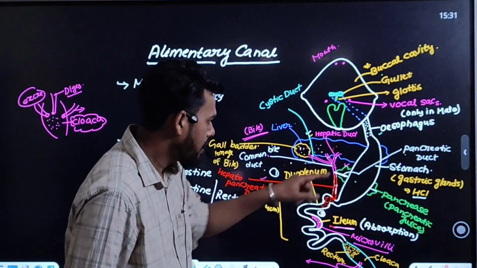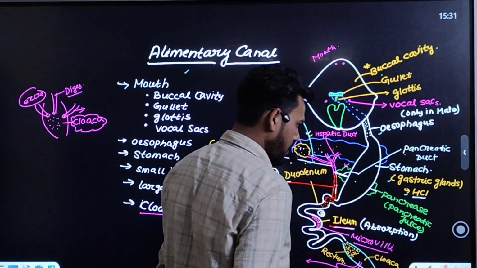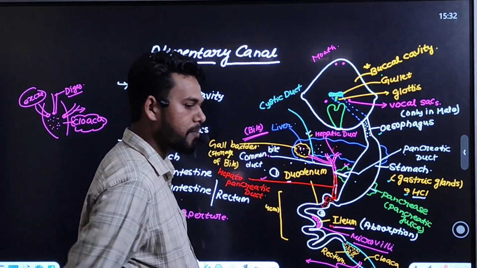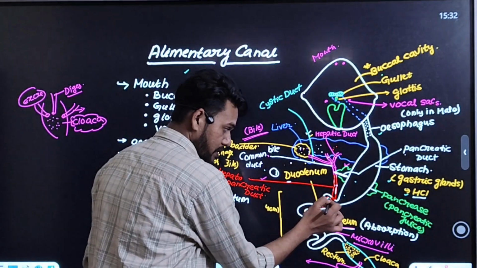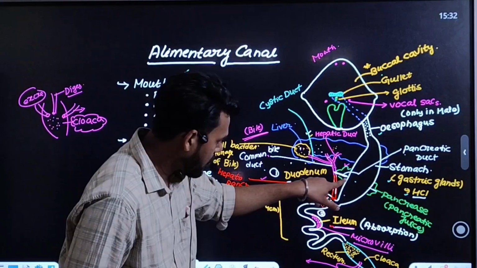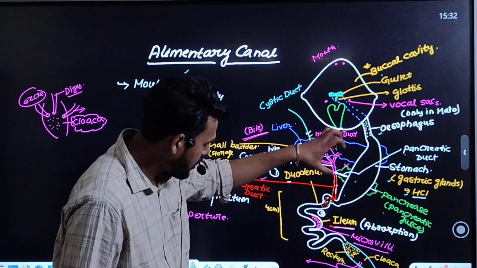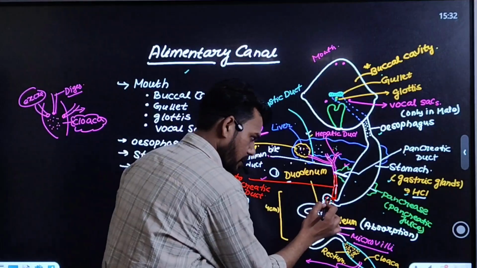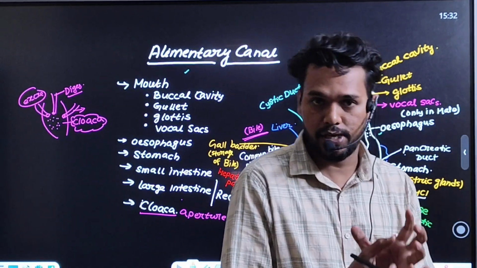The stomach has various gastric juices such as HCl, which break down food partially. Then the partially digested food enters the duodenum, where pancreatic juice and bile juice are combinedly released, and the maximum food gets digested.